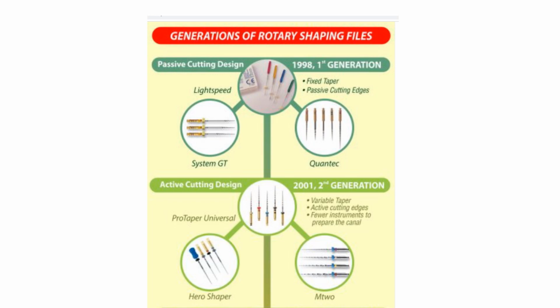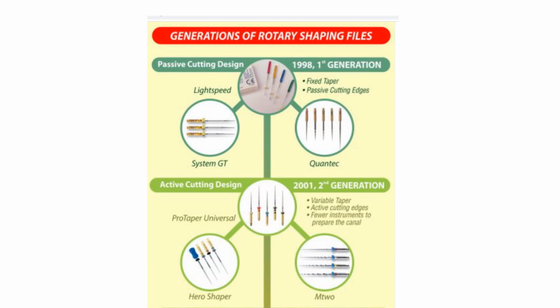Okay, and this first generation included files like Lightspeed, System GT, that means greater taper, and Quantec. Then in 2001, the second generation of files came with active cutting design. That means the cutting efficiency was better than the first generation files. These files included the most famous Protaper universal files, which is still used today, the Hero Shaper files, and M2.